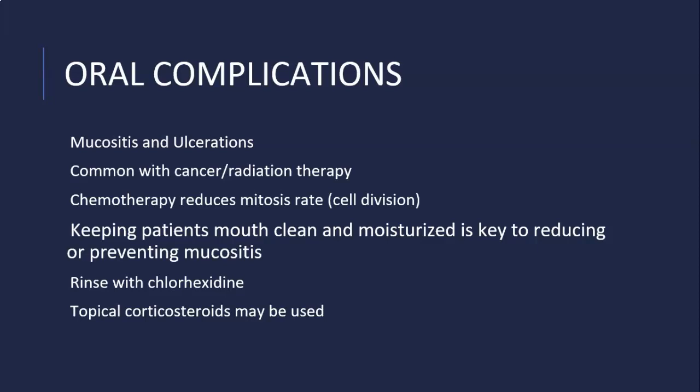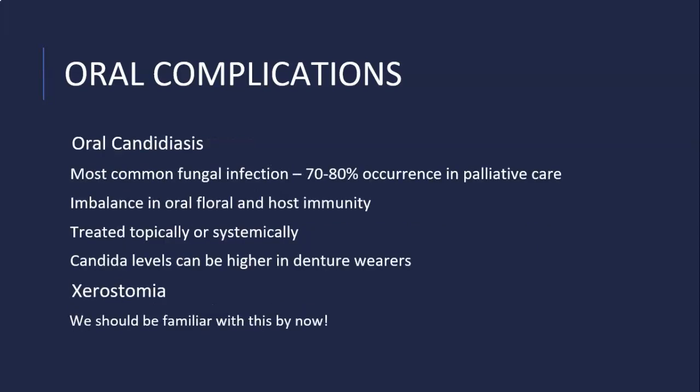Keeping patients' mouth clean and moisturized is key to reducing and preventing mucositis. Possibly rinsing with chlorhexidine, although I don't know if that would always be appropriate. Topical corticosteroids can also be used in some of those situations with mucositis. Oral candidiasis, so there's going to be a higher prevalence of that. 70–80% of patients with palliative care may have an oral thrush imbalance in the oral flora and their immunity, so that's why you'll see it more often.